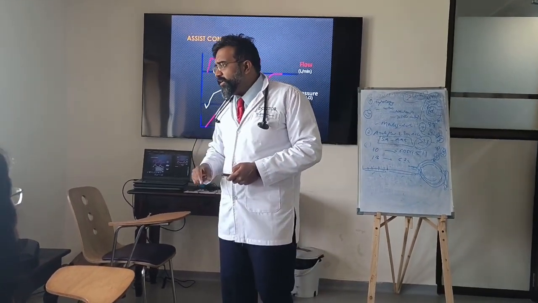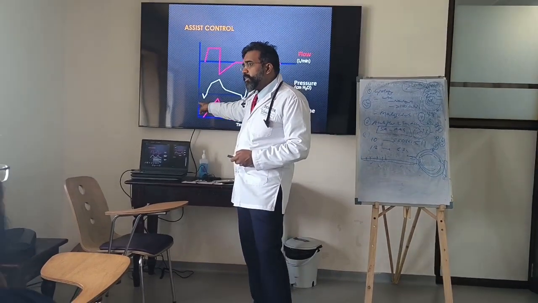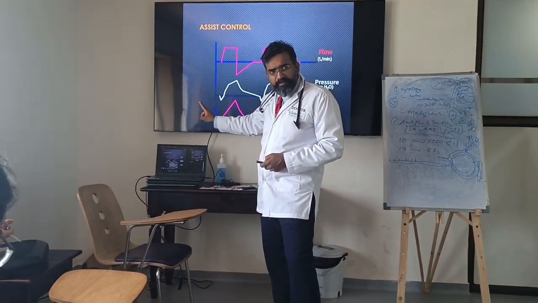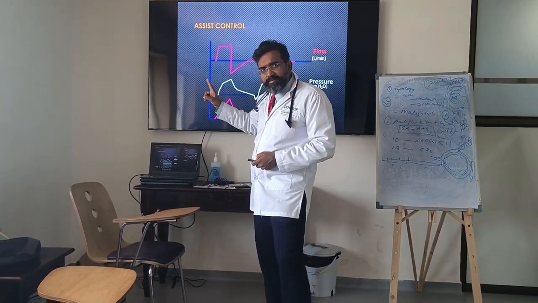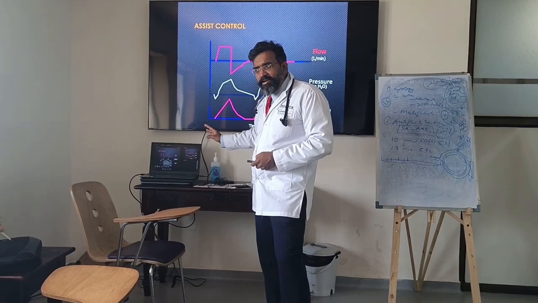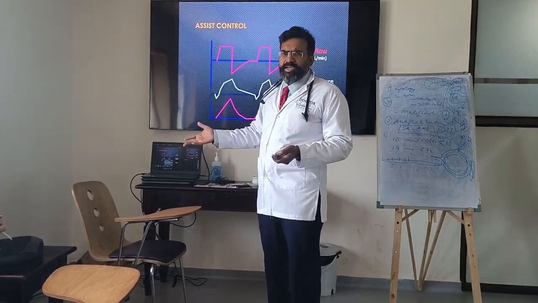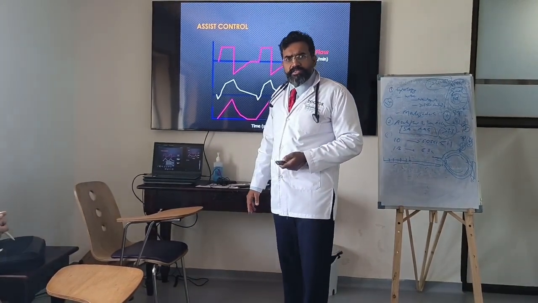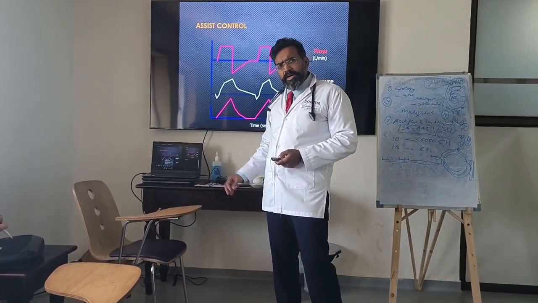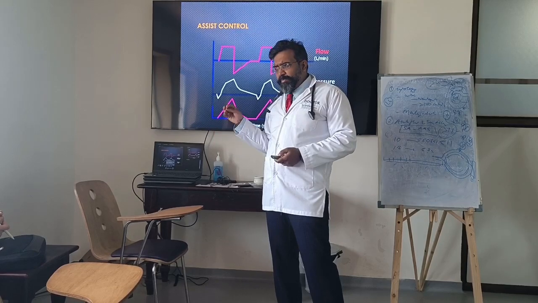So now, what kind of a trigger is this? Patient trigger. Okay, this is patient trigger. What is the limit? Volume, because that is what is constant. What is the cycle? Time. Because I initially have said. So every assist control mode will have a patient trigger.